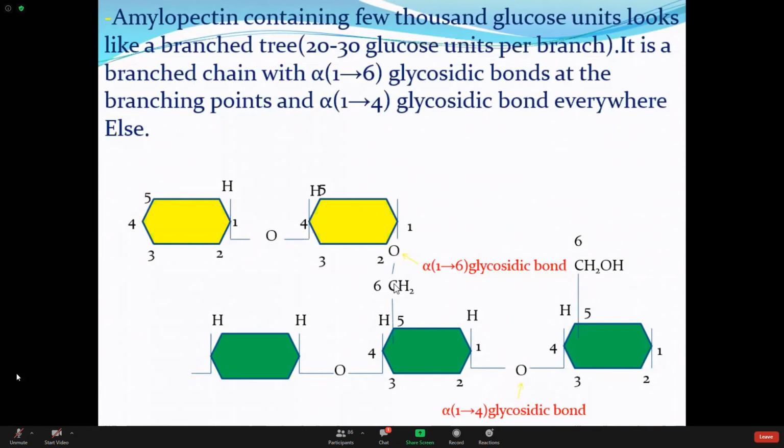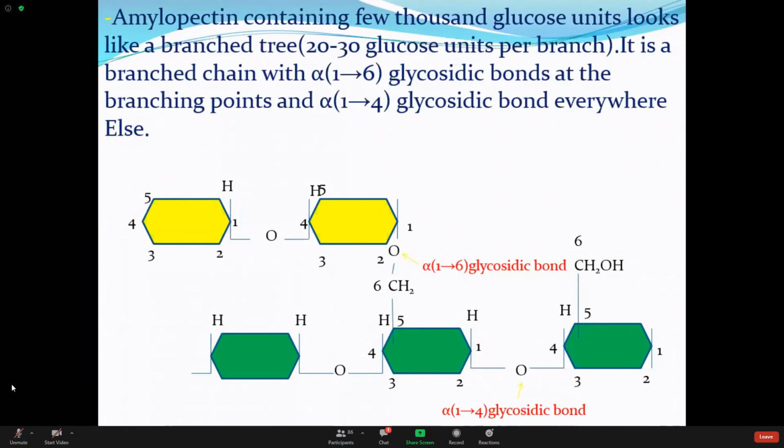Am I clear? That's why this is the alpha-1,6 variety, because the joining happens between number 1 carbon and number 6 carbon. So only at the branching points do you get the 1,6 variety. Everything else is the 1,4 variety.